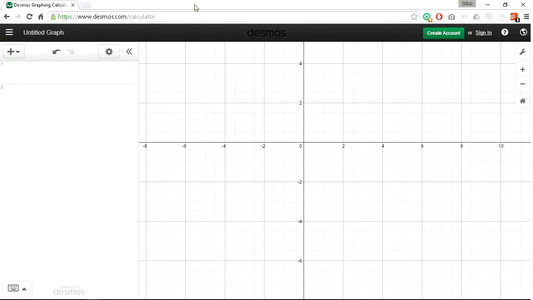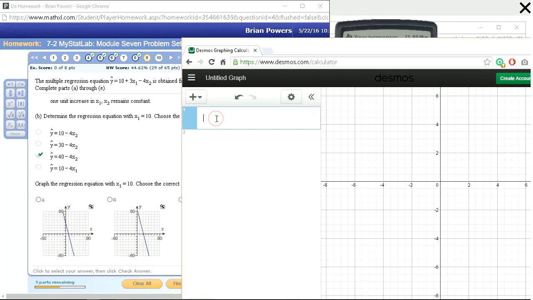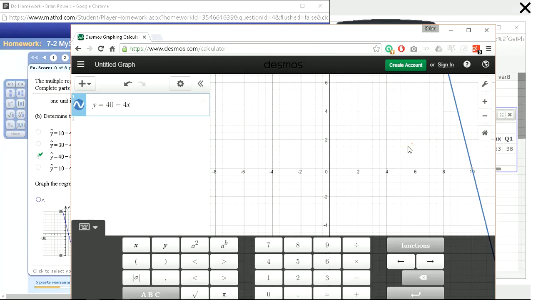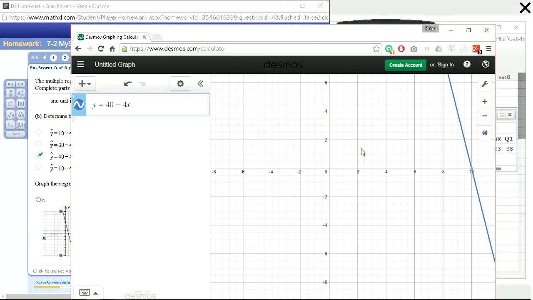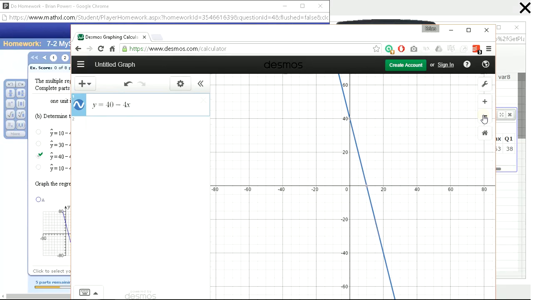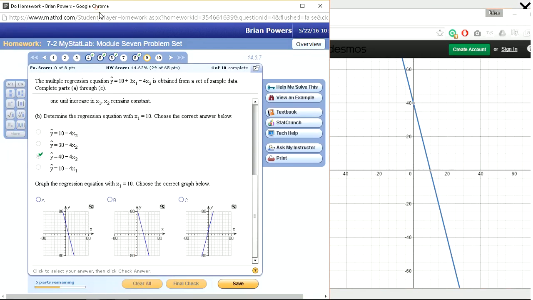If you want to do a very quick graph of some function like this, you can just type it in and it'll graph it for you. Y equals 40 minus 4x, and you can see it's already showing up. We can zoom out a little bit. So this is the picture we wanted, and you can see it gives a little dot at the intercept here and here.